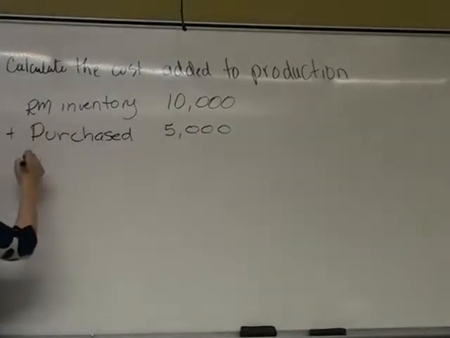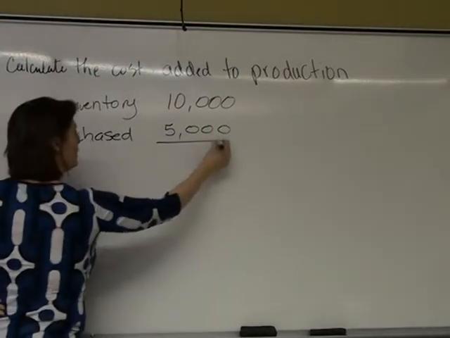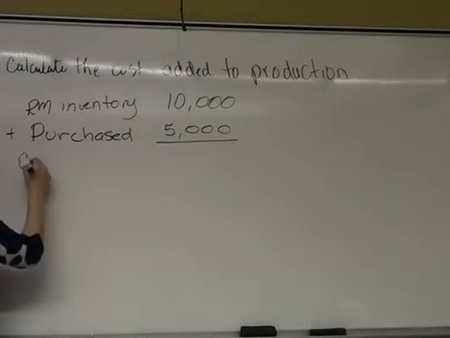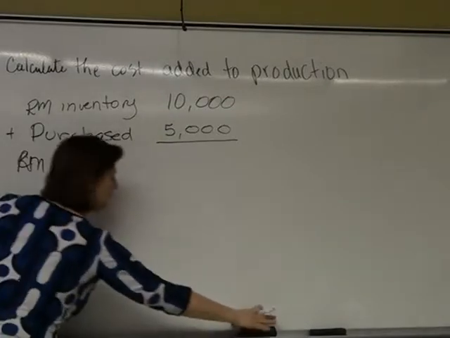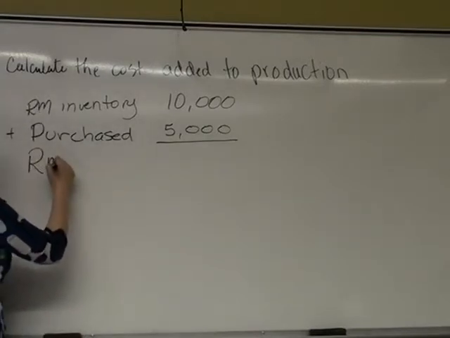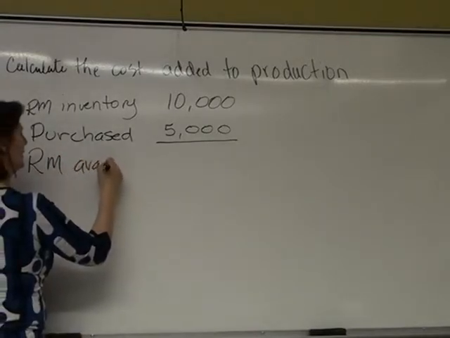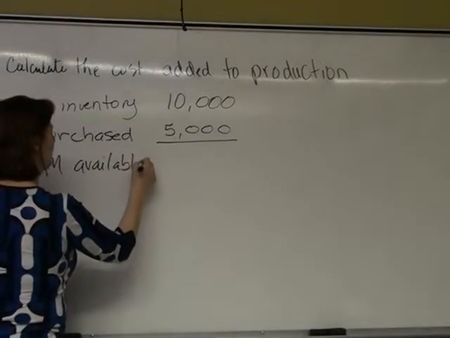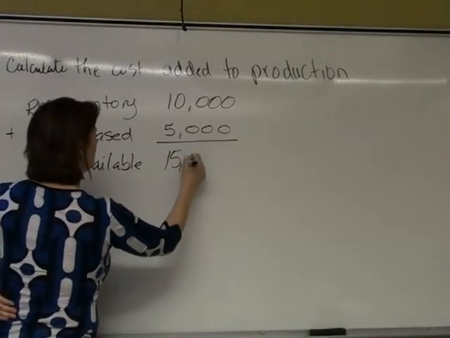So in the schedule, you have raw material available for use, which is 15,000.